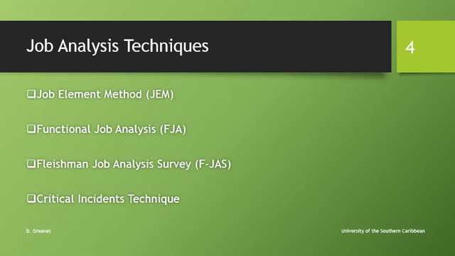Each of the abilities is classified into one of 4 general ability categories: cognitive, psychomotor, physical, and sensory perceptual.